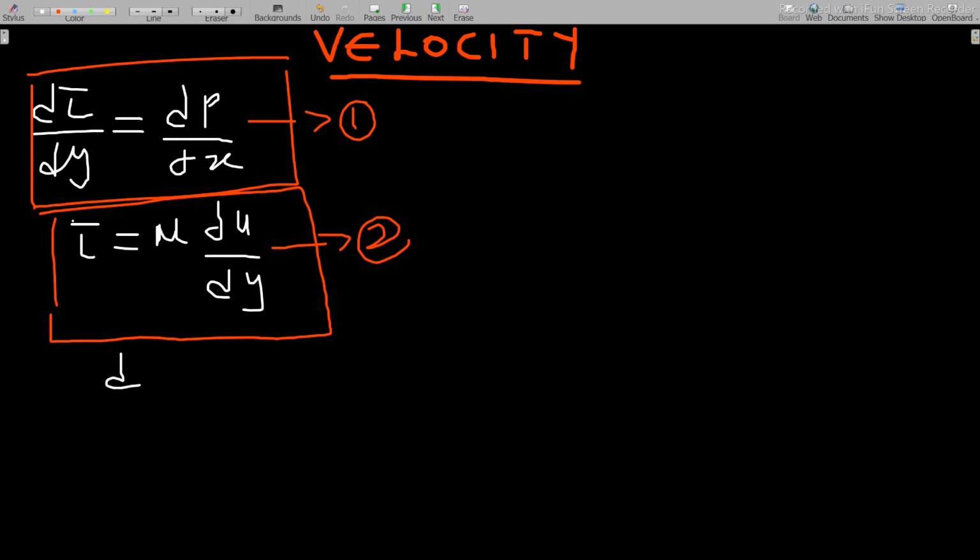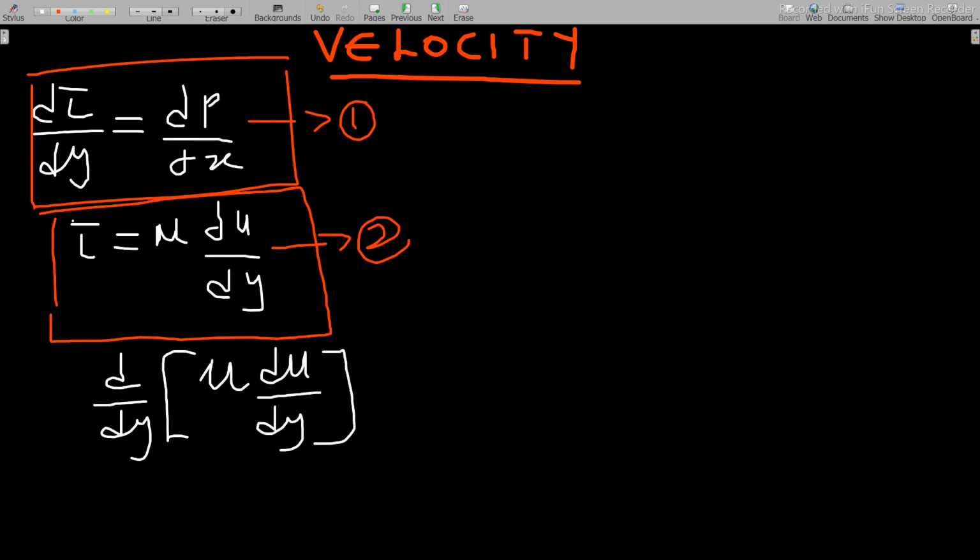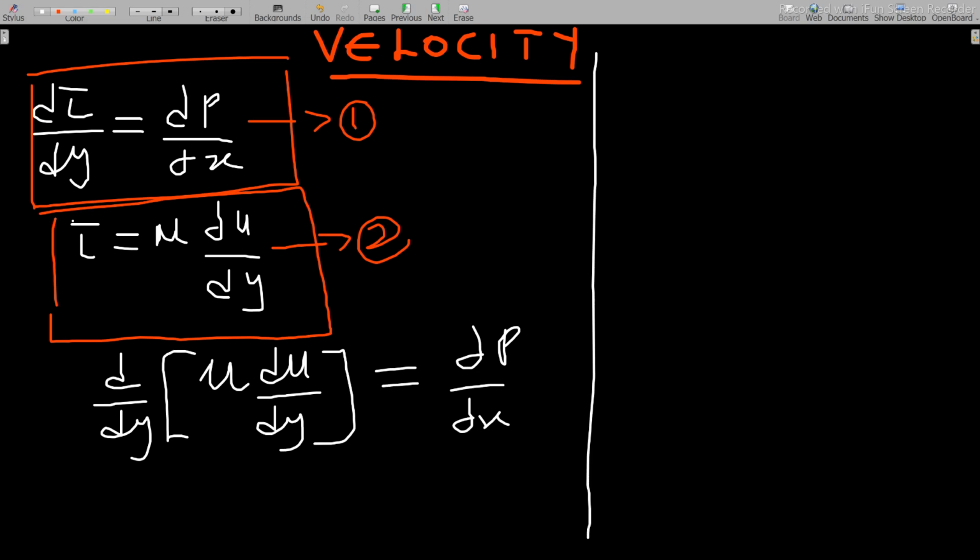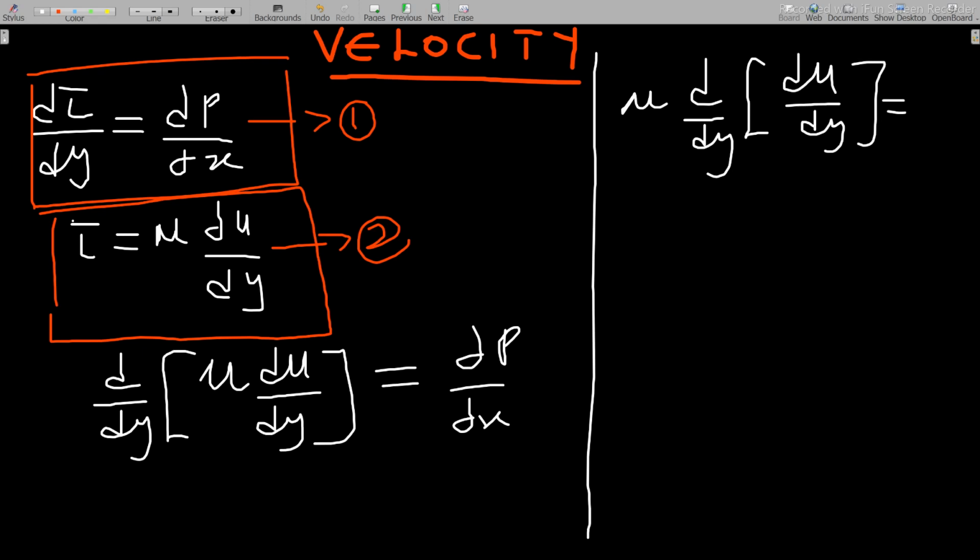So I have d dy of the tau, which is mu du dy, and this should be equal to del p del x.